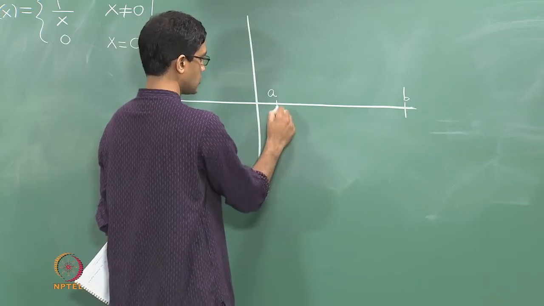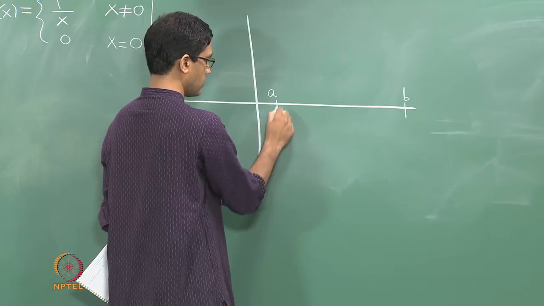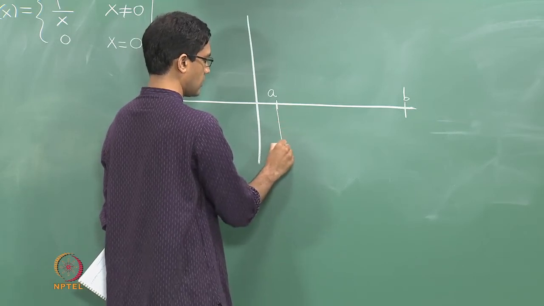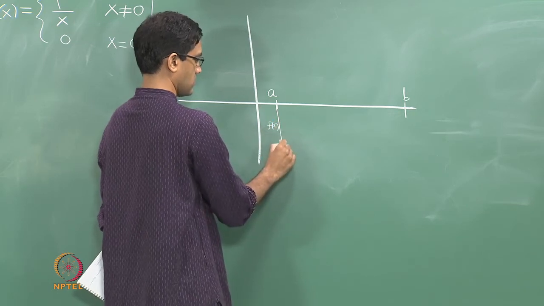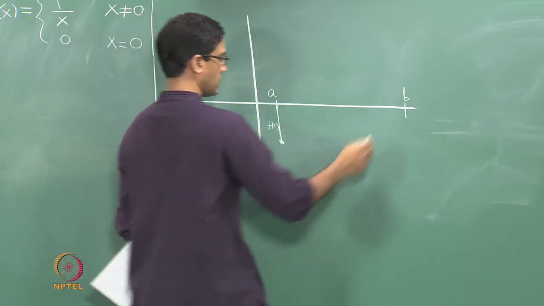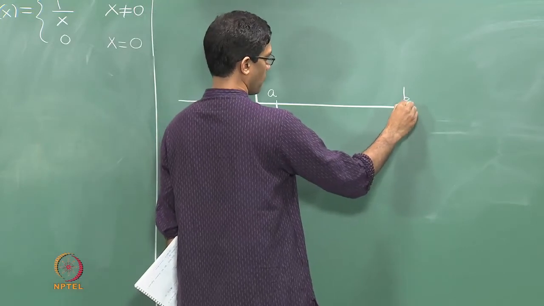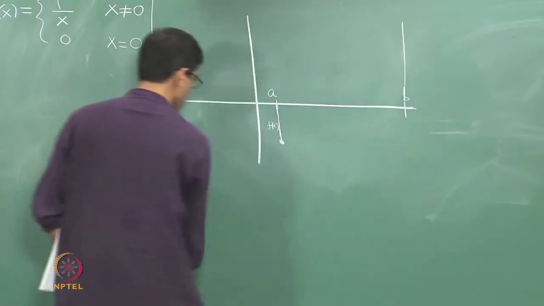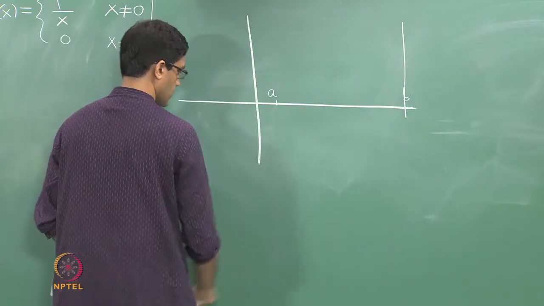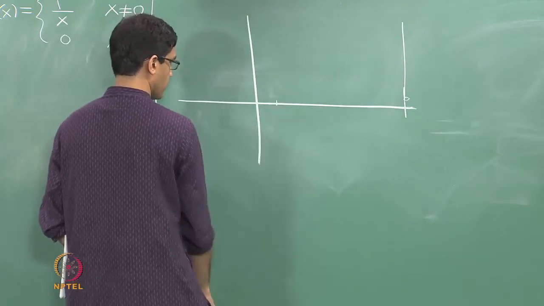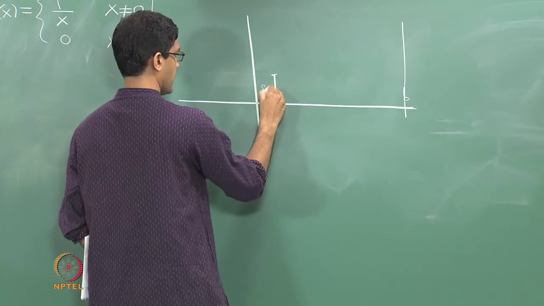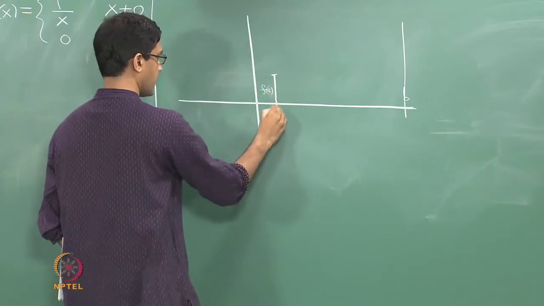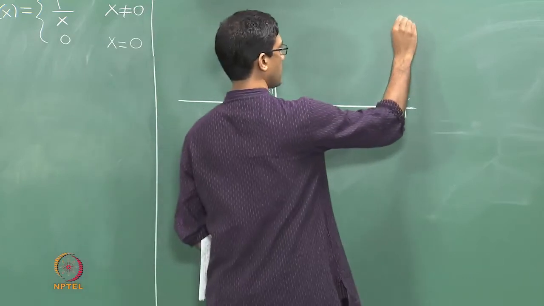At a I have some value, f of a, the y value at a, and at b I have f of b, the y value at b. Let's think of both values as being positive.